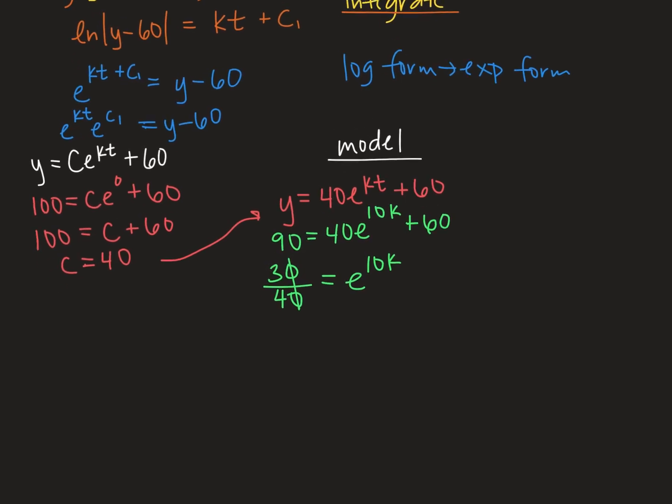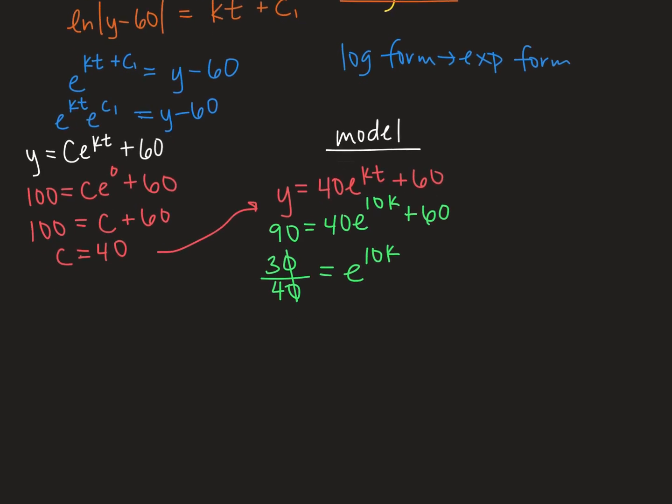So I have 0.75 equals e to the 10k. I'm going to take the natural log of both sides, so I'll just get 10k. Dividing by 10 will give us a k value of negative, which again, it should be negative. It's decay, 0.0288.